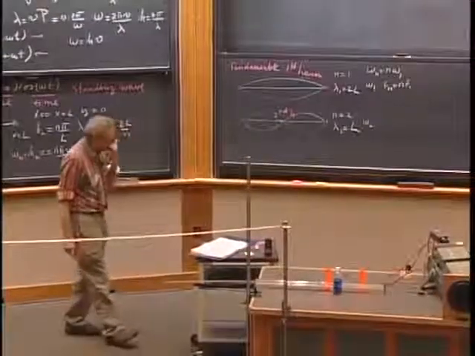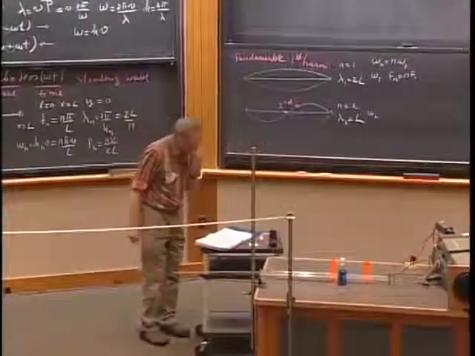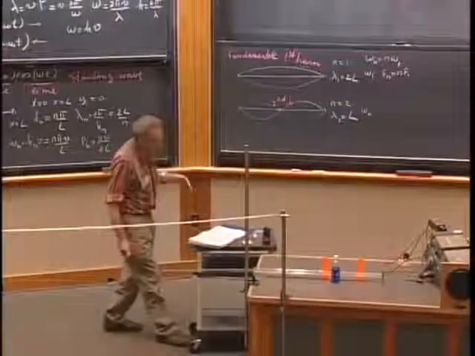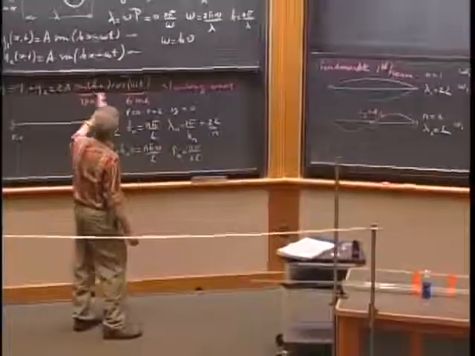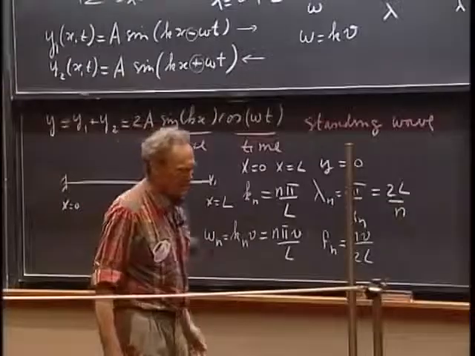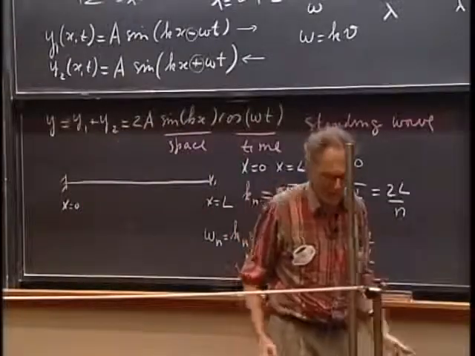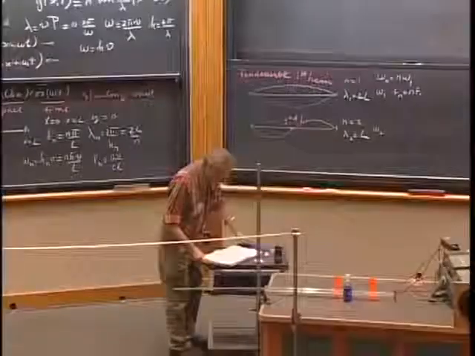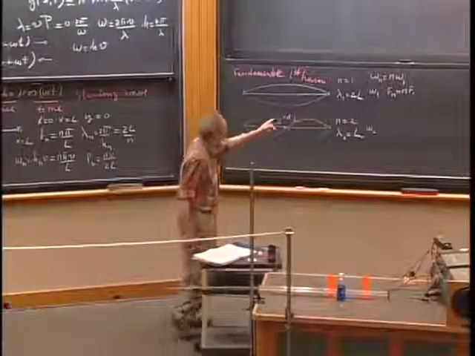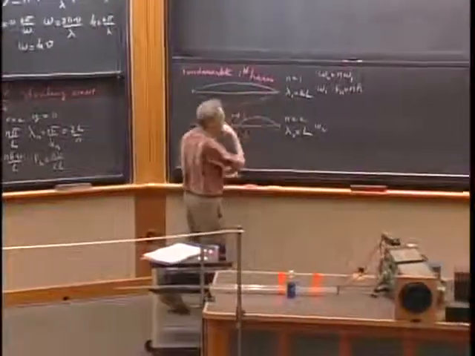Now when I'm driving this string at one end, I will have a wave going in and a wave coming back. That is exactly the recipe that I need for a standing wave. I get reflection here, and so I have one wave going in and I have one wave coming back.